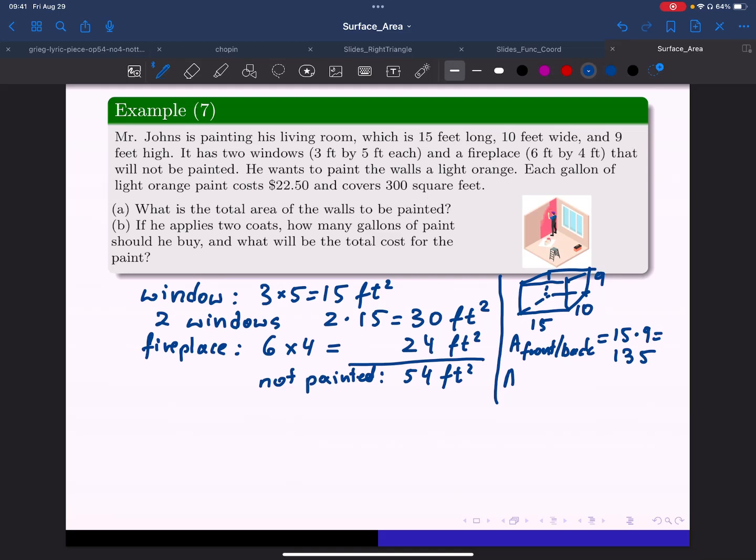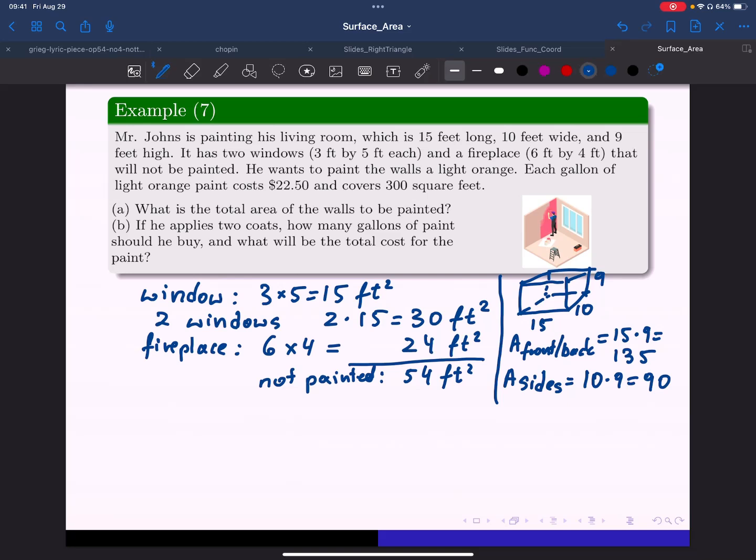Then we have the area of the sides, which is 10 times 9, and that is 90. And the area of the bottom and top is not needed, right? Because we only want to paint the walls; the bottom is the floor and the top is the ceiling.